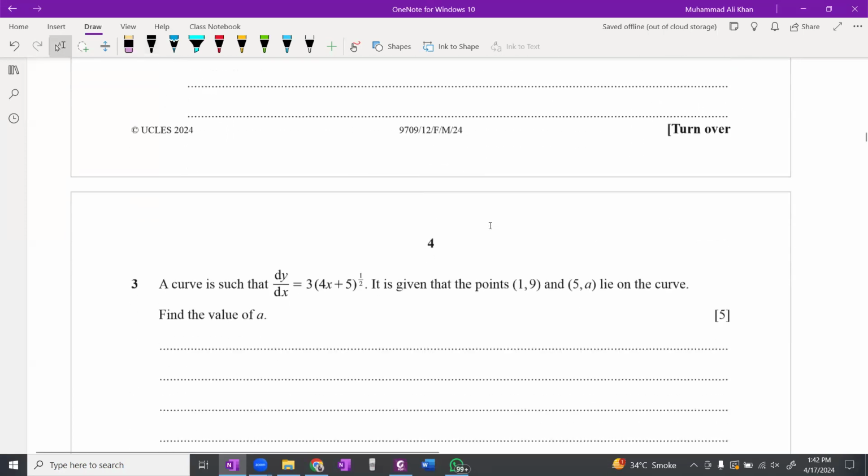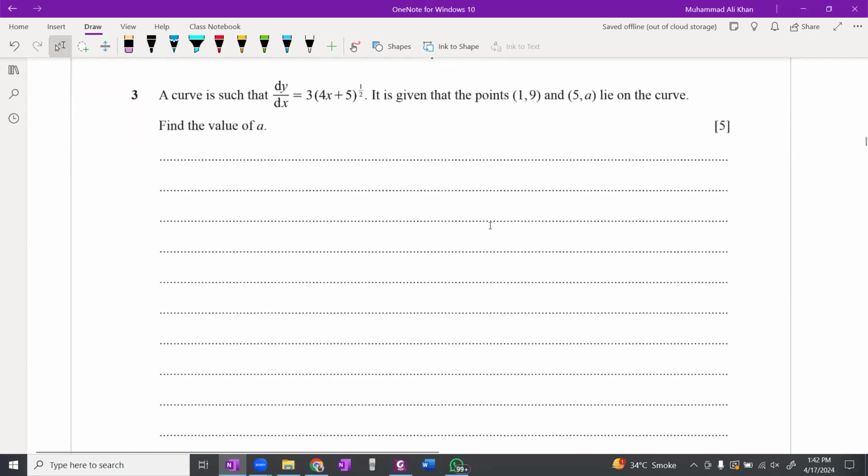Now, what is next? Question number 3, question of integration. A curve is such that dy over dx is given. It is given that the points lie on the curve. Find the value of A. First we have to integrate. After the integration, we'll get y in place of dy over dx.